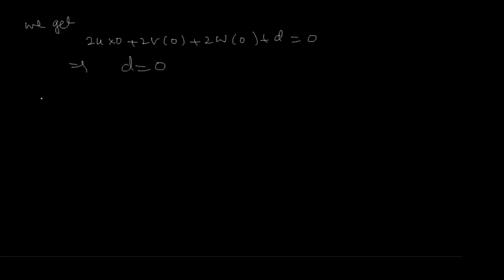So substituting the origin in that equation, we get 2u into 0 plus 2v into 0 plus 2w into 0 plus d equal to 0, which implies d is equal to 0.